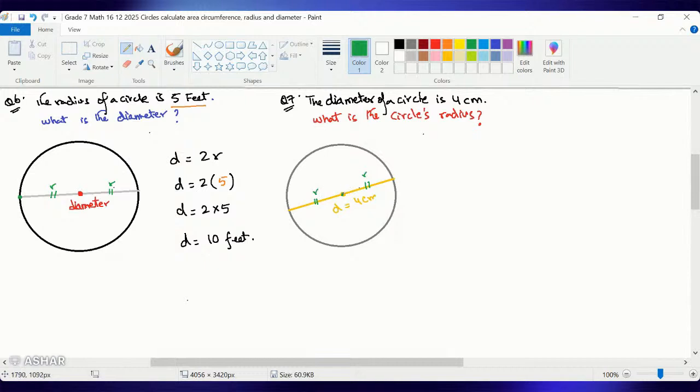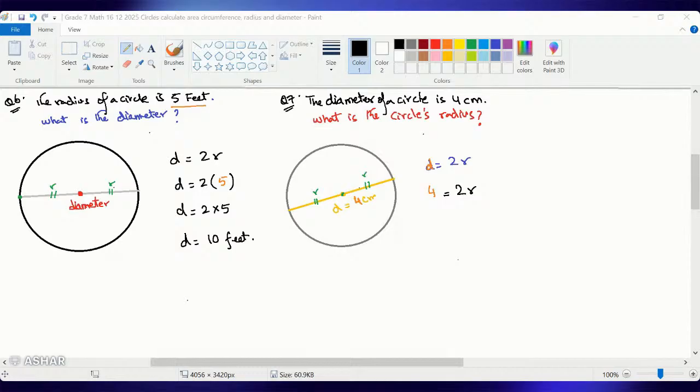We have the formula that diameter is always twice the radius. If the value for the diameter is given, that is 4, we substitute in place of diameter. So we write 4 is equal to twice the radius. So 4 is equal to 2r.